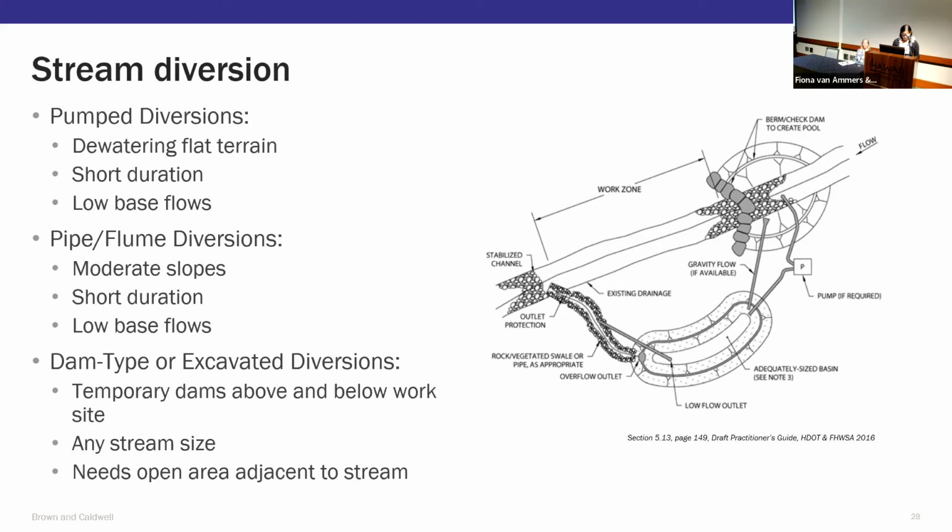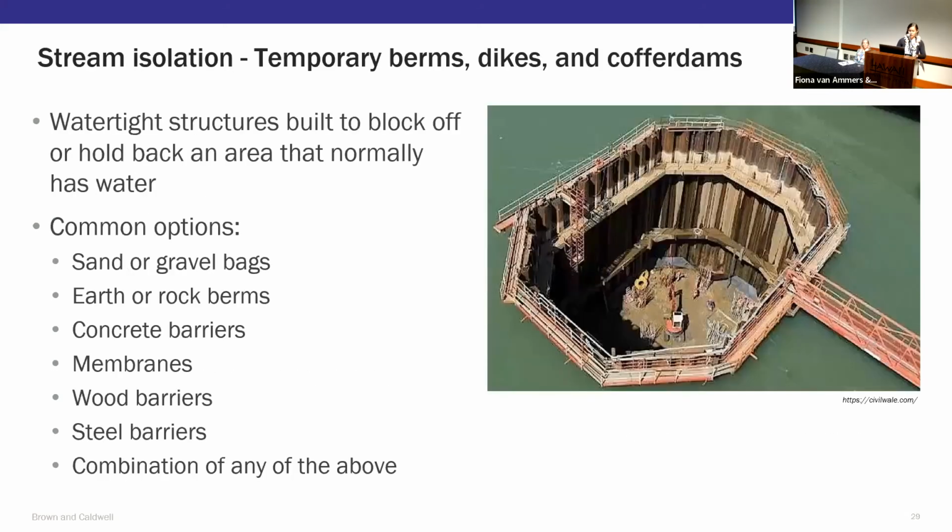All of these stream diversion methods require a barrier to isolate the water and force the diversion. Stream isolation methods which are often used are temporary berms, dikes, and cofferdams. These are partially or fully watertight structures and can be made of sand, rocks, concrete, steel, wood, earth, vinyl, or other materials.